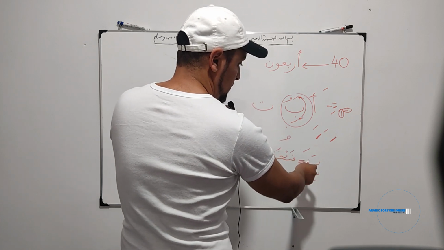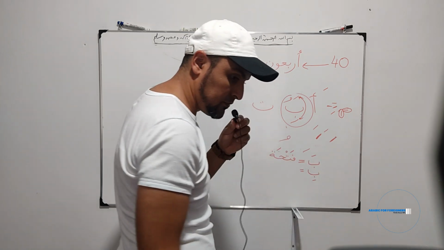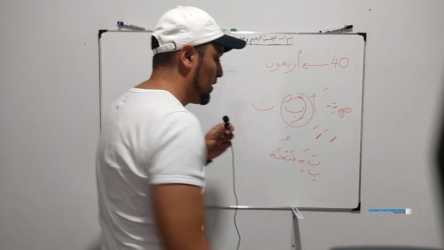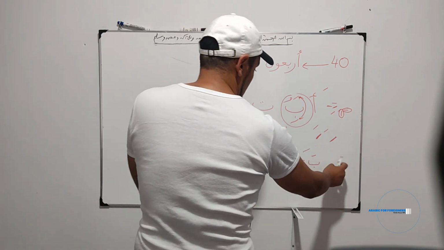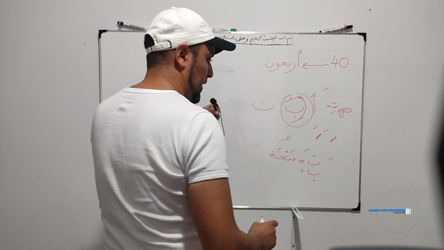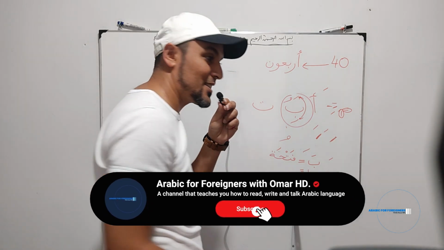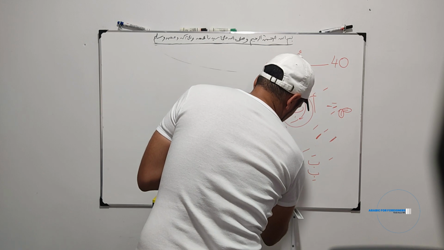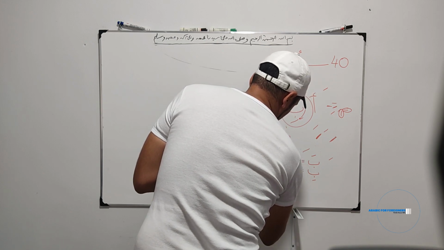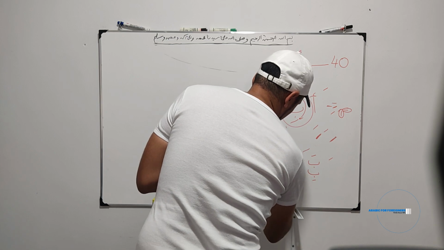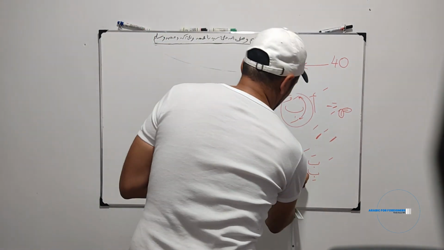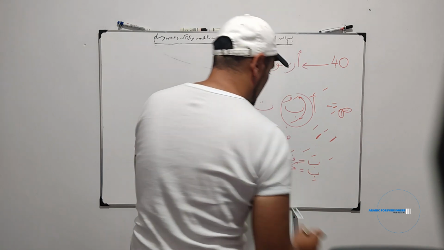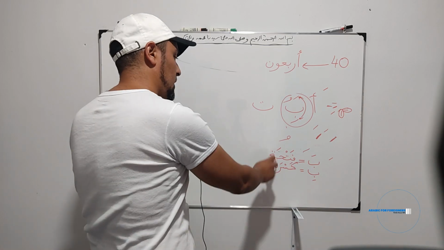If it comes above the letter, we call it fatha. If it comes under the letter, the same short reclined line, we call it كسرة. We call it كسرة. Okay, remember this. This is فتحة, this is كسرة.